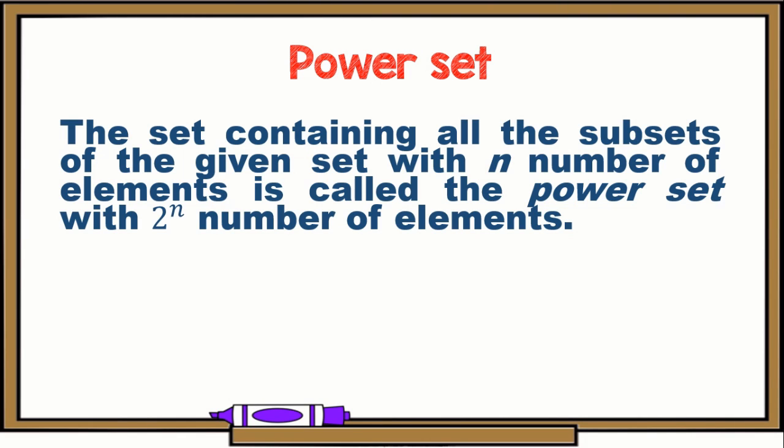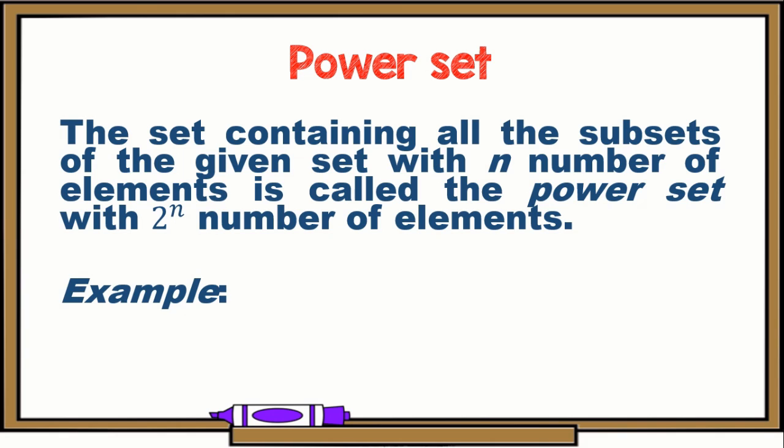Now, ayan. We have the power set. This is the set containing all the subsets of the given set with n number of elements. Is called the power set with 2 raised to n number of elements. Medyo magko-compute na tayo, pero minor computation lang naman.